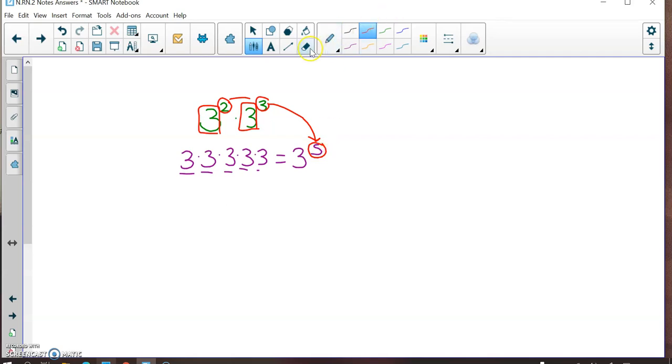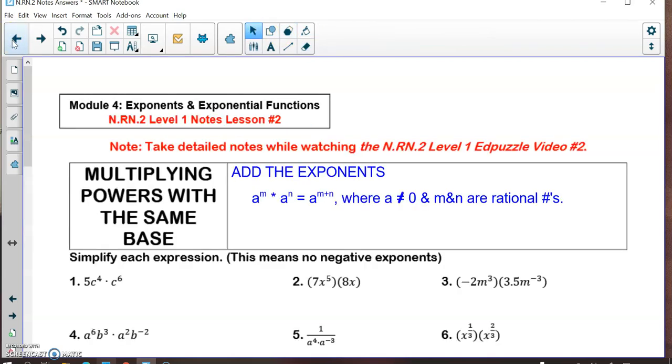And that's exactly what it will be when we are multiplying powers with the same base. What we do is we add our exponents. But again, they need to have the same base. So if you have a to the mth power times a to the nth power, since both of these have the same base of a, then we can do a to the m plus n power.